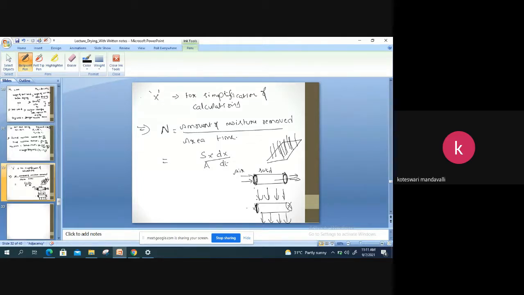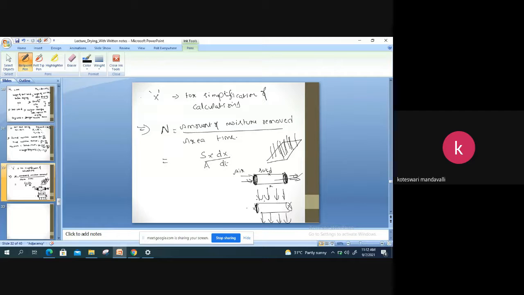So the area which is not in contact with the air or drying medium, the drying gas, you should not consider that area. Whatever area is exposed to the drying gas, that area needs to be considered. In this case, this is the area exposed to drying gas, so you have to consider this area and not this area.